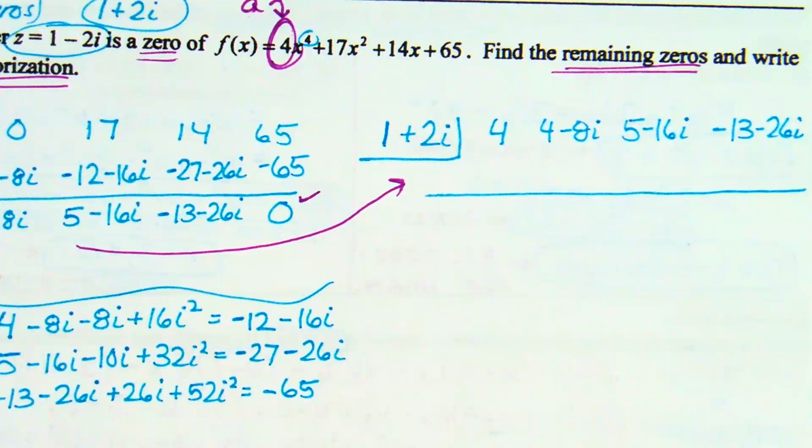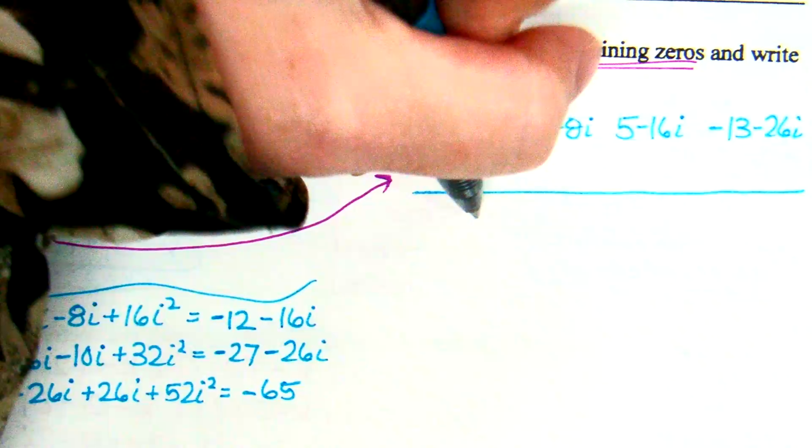Yes? You have to do this to be able to find our other 2 missing zeros. Okay. Drop the 4. Okay, guys.